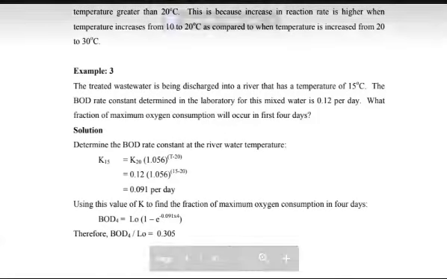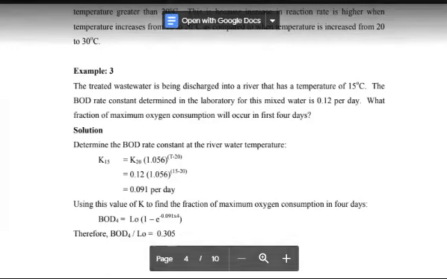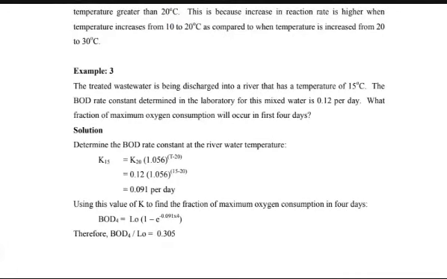The BOD rate constant determined in the laboratory for this mixed water is 0.12 per day. What fraction of the maximum oxygen consumption will occur in the first 4 days?